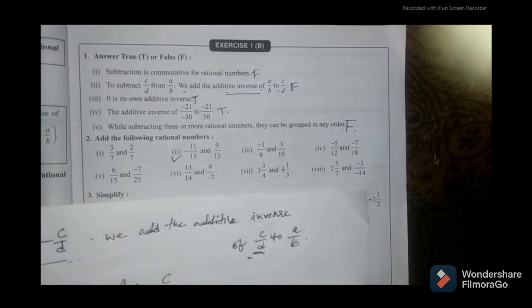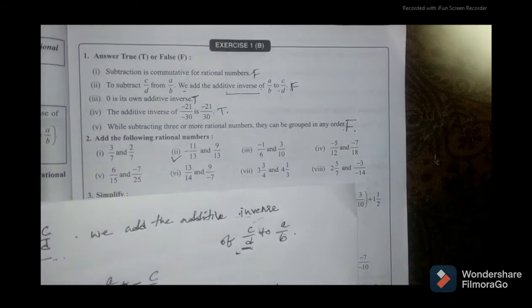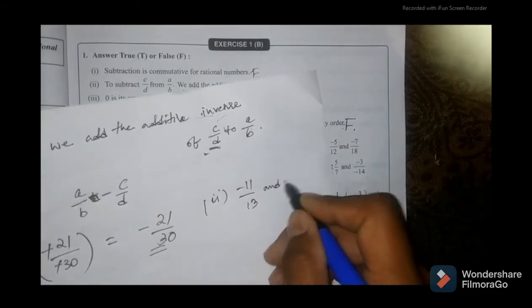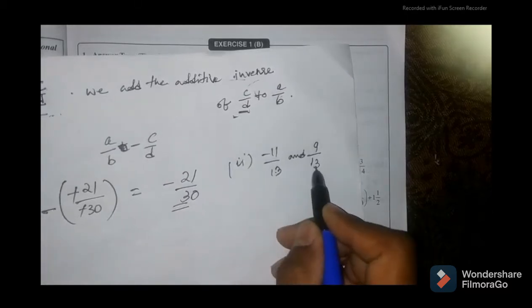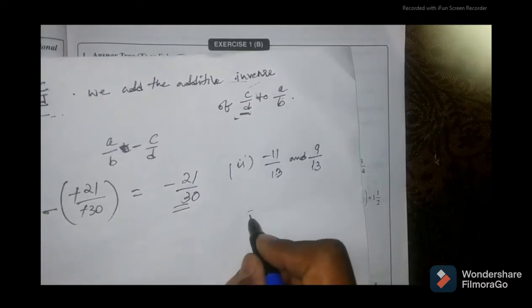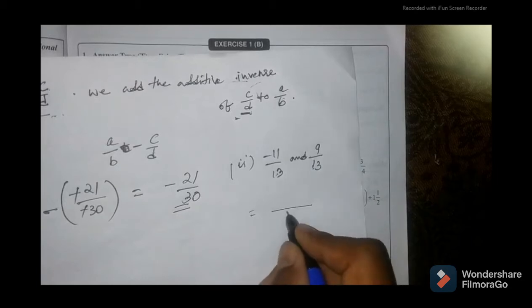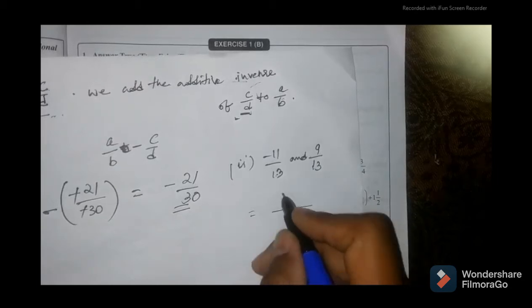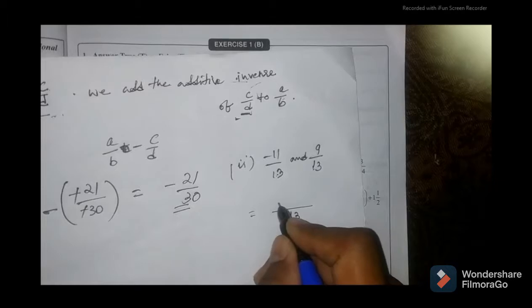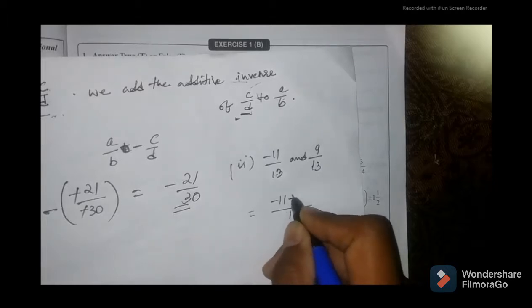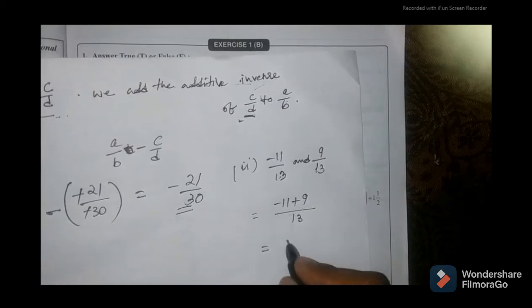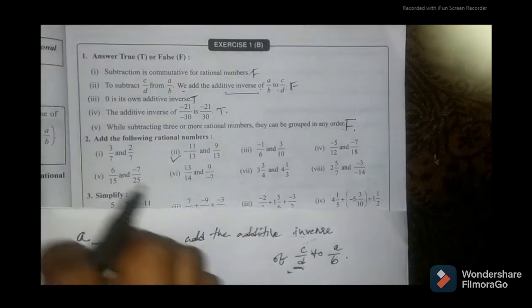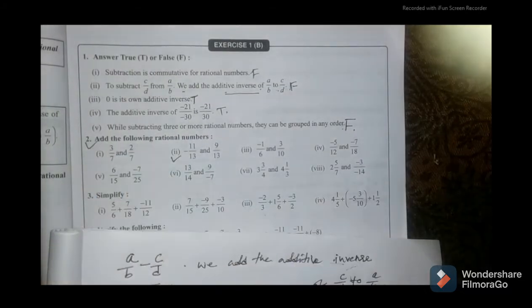Minus 11 by 13 and 9 by 13. Since the denominator here is the same, 13, we can directly take the denominator as 13. Minus 11 plus 9 is equal to minus 2 by 13. Simple. This question number 2 is very easy. You can try this on your own.